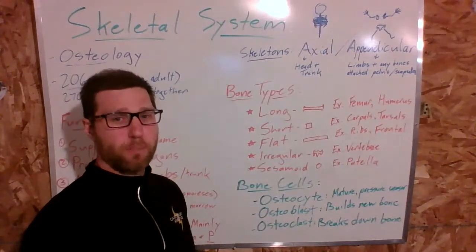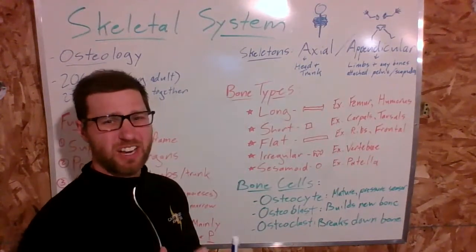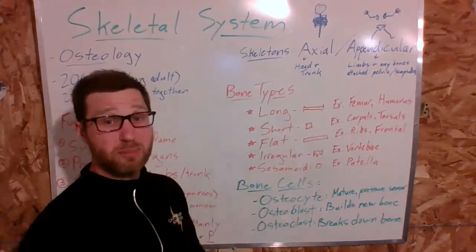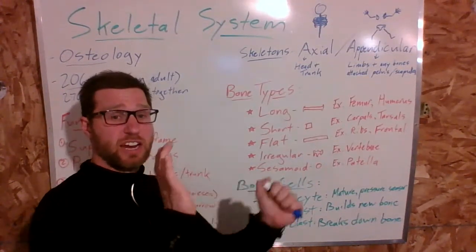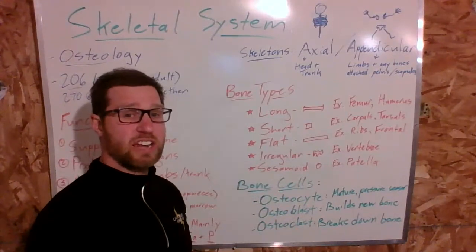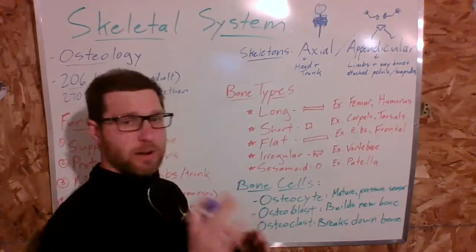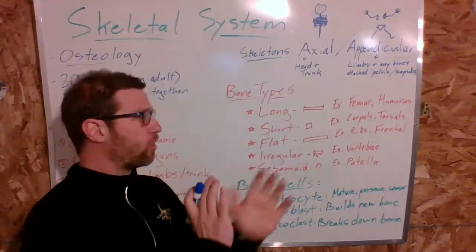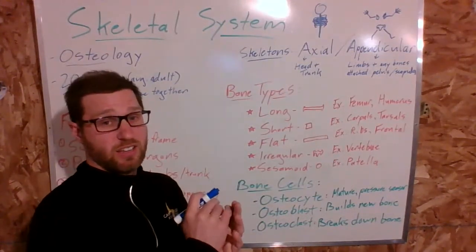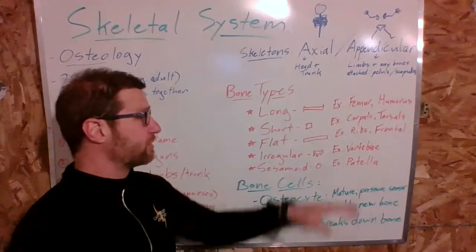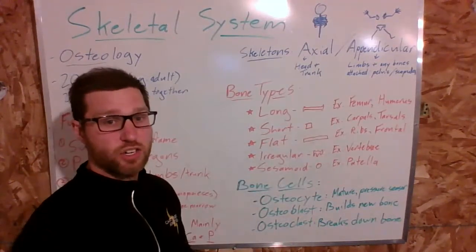The thing about short bones is, remember I talked about collagen, they have a lot of collagen in them, so they are really good for compression purposes. If you think of landing on your wrist or landing on your foot, all that pressure going through those short bones, it's well designed for that because of the high amount of collagen in your short bones.